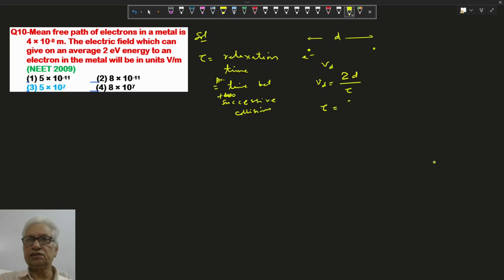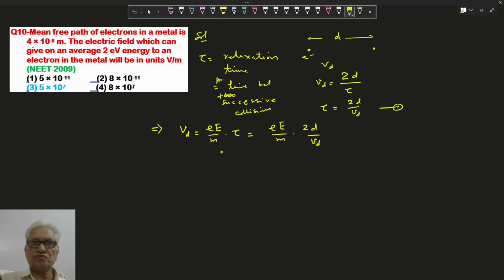So relaxation time will be d upon drift velocity. We know the drift velocity equals acceleration into tau, that is force divided by mass into tau. Here we put the value of tau as d upon drift velocity. We can write, by cross multiplication, v squared equals E e d by m.